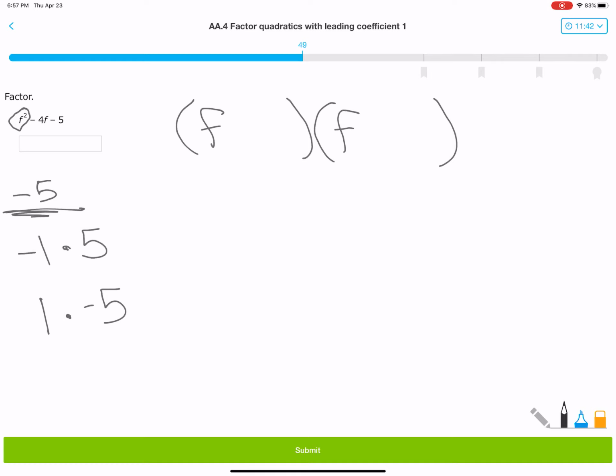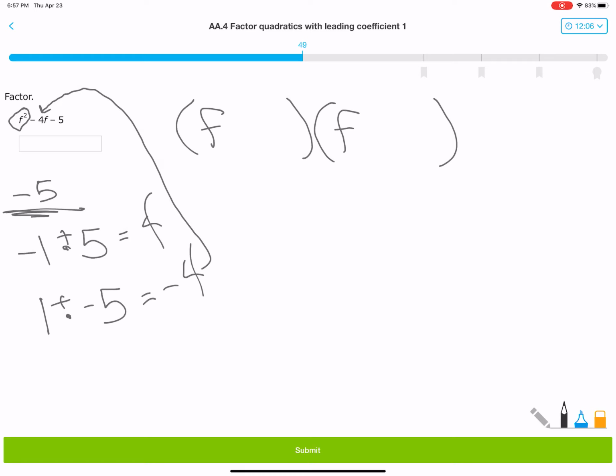How do I know which one to pick? Well, I pretend that I'm going to add these numbers together now. Negative 1 plus 5 gives me a positive 4. But a positive 1 plus a negative 5 leaves me the negative 4, which is what the middle term says it should be.